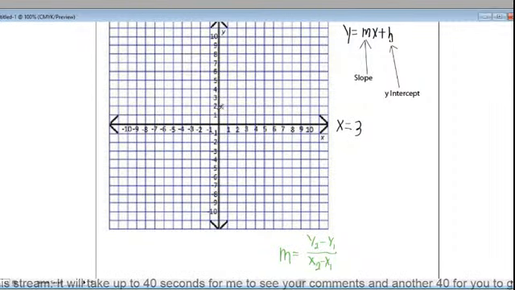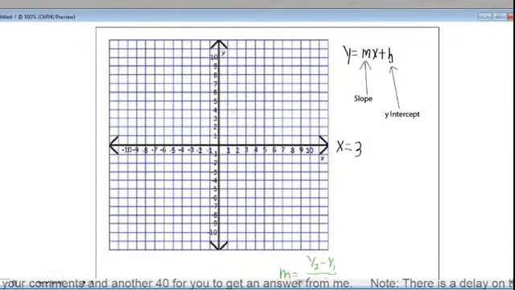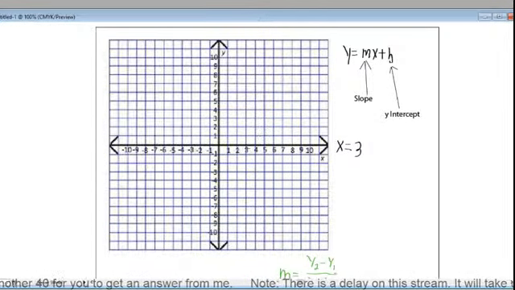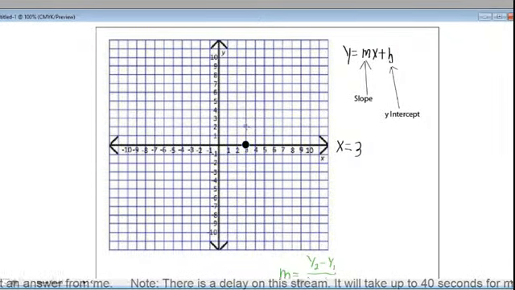This, instead of being y, could be all the things along this line here. That means that x could be all the things along this line. So anywhere that x is 3 is going to work for us. So we have a point here. We also have a point here.